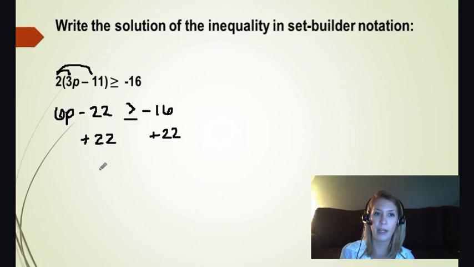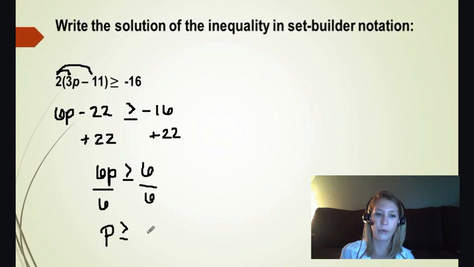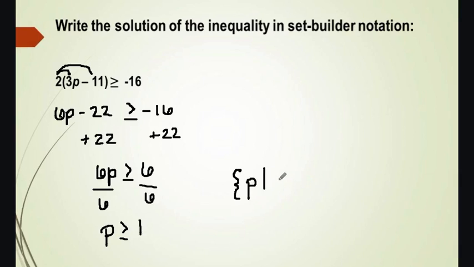On the left side of my inequality, I have 6p is greater than or equal to 6. I'm going to divide both sides by 6 in order to isolate my variable: p is greater than or equal to 1. So as set builder notation, we would write this as p is greater than or equal to 1.